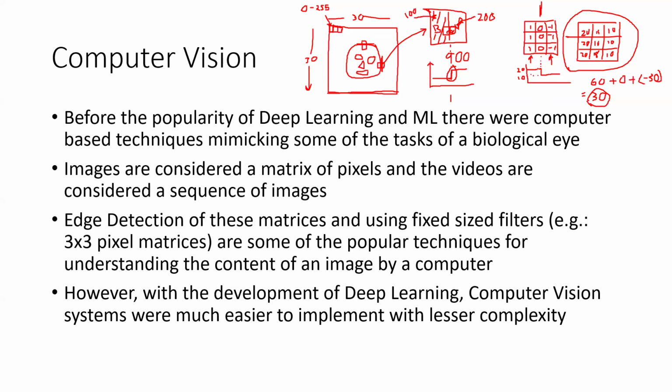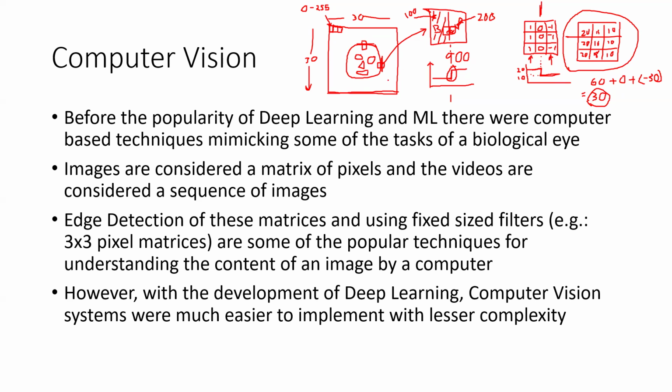When there's a huge intensity gradient between these two pixels, it is represented by a large positive value. So then you can identify that there should be an edge around this filter, right?